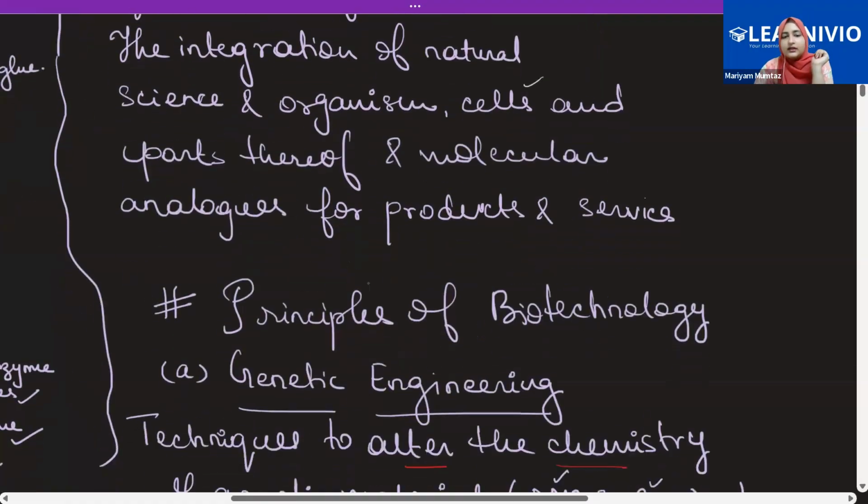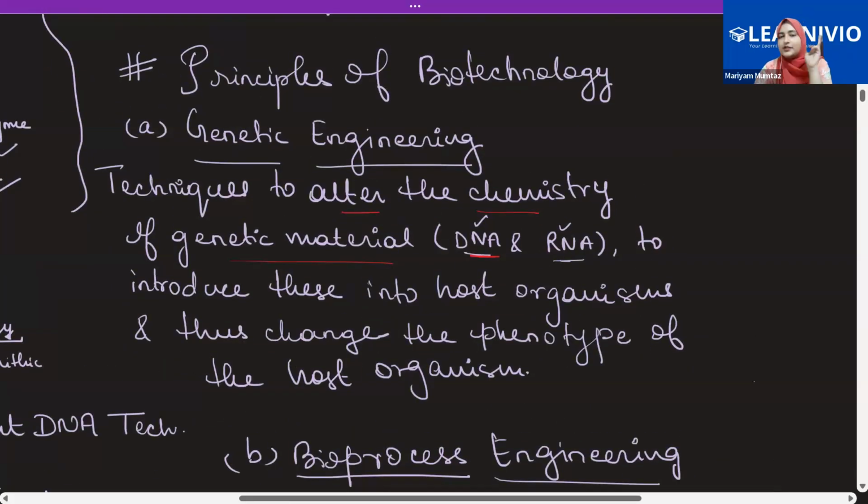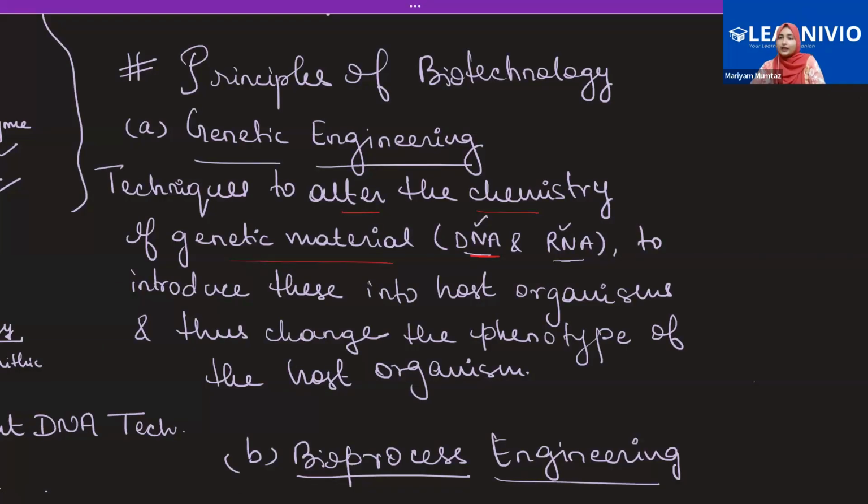So pay attention. Now, the principles of biotechnology. There are two principles of biotechnology. First is genetic engineering. Here, in genetic engineering, we are going at the molecular level, the genetics level. When we go at the genetic level, we have the nucleic acids in the body. We have the proteinaceous structure. So here, using genetic engineering, we alter the chemistry of the genetic material.